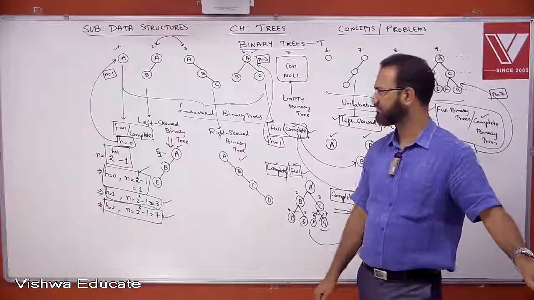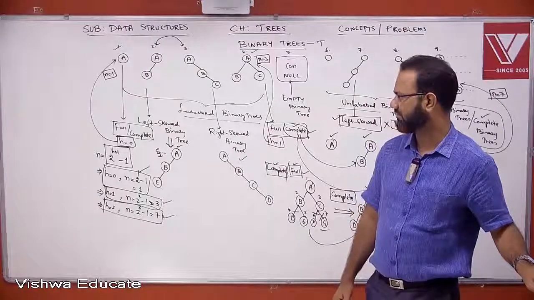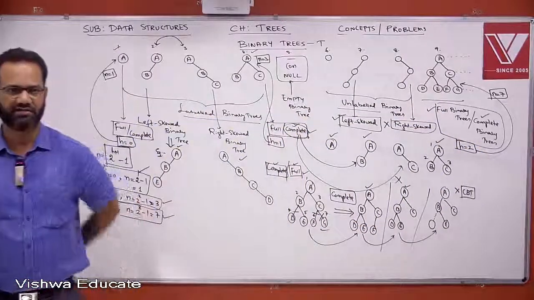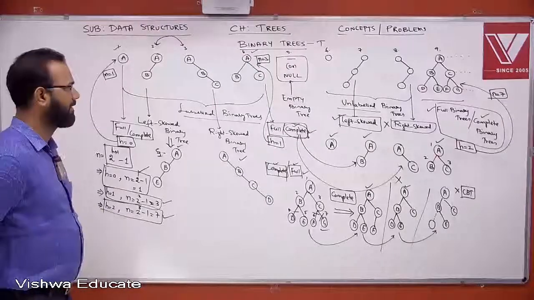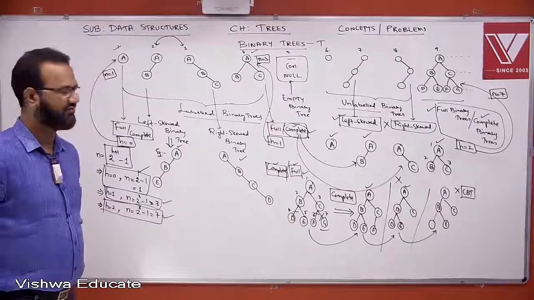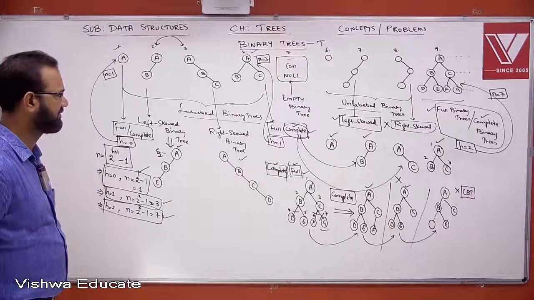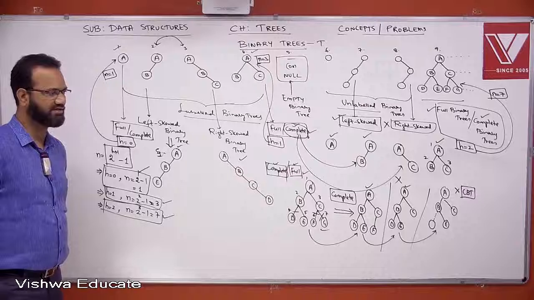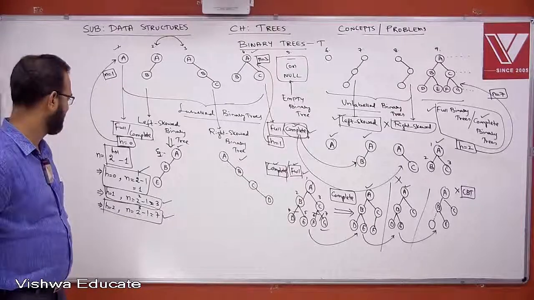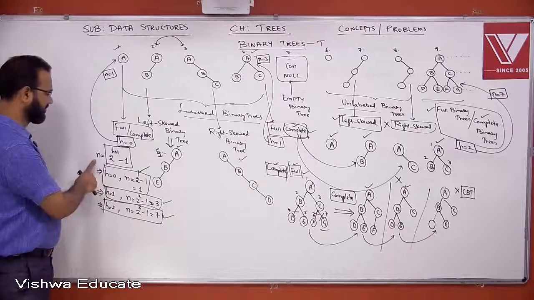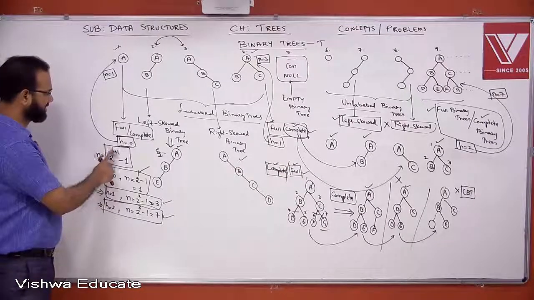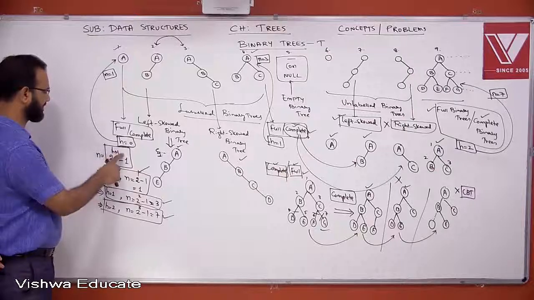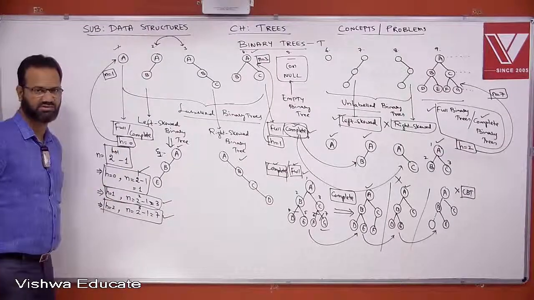Given n number of nodes with height h, a full binary tree contains exactly n equals 2 to the power h plus 1, minus 1 number of nodes.